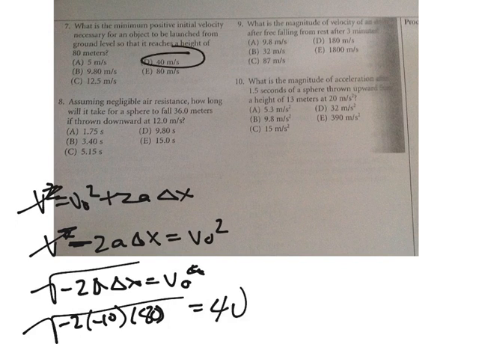So D. Assuming negligible air resistance, how long will it take a sphere to fall through 36 meters if thrown downward at 12 meters per second? So we're going to use this one. We want to solve for time. However, our initial velocity is not 0, so that's something you want to take into account.